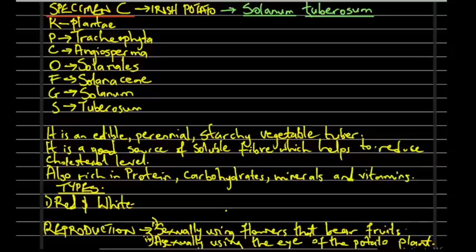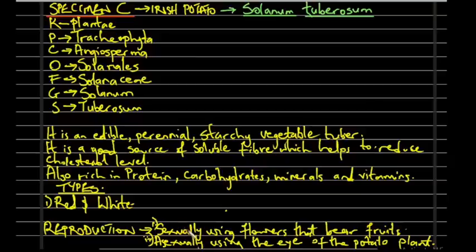Now, reproduction of this particular plant could be in two ways. We could have it to be sexual. When it is sexual, it is seen in flowers. When it is sexual, we use flowers that bear fruits to cultivate this particular crop.